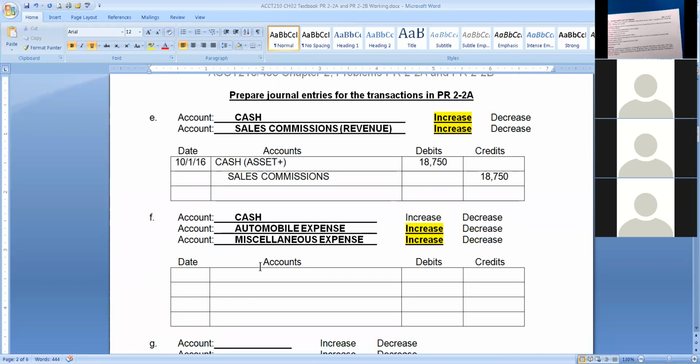I think it's going to go down. Yeah, because we paid these, right? Read it again. Paid, yeah, so they're paid, so the cash can go down.